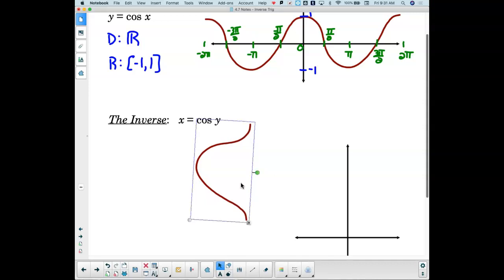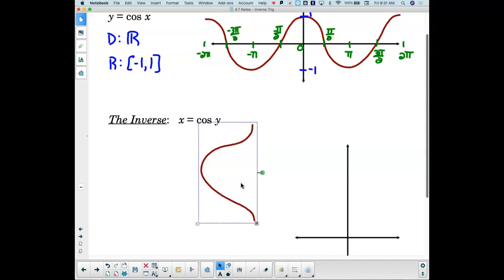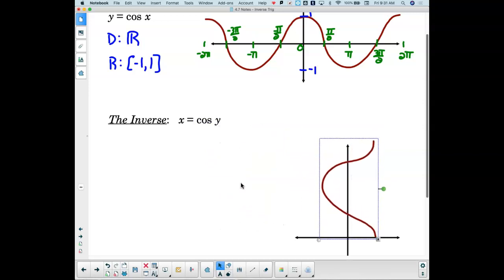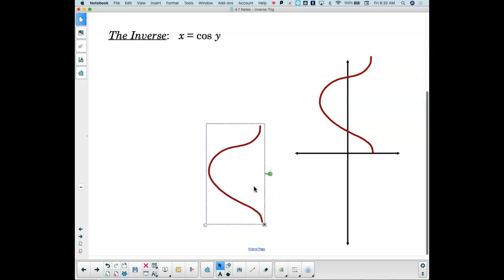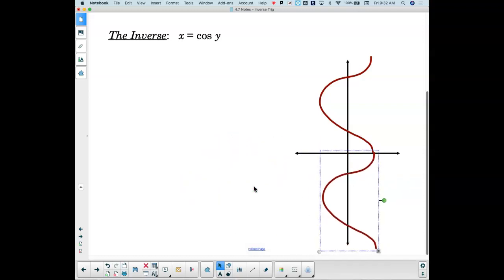Is going to start at 1, 0. And go through like that. Agree? If I go the negative route, it's going to go like that.